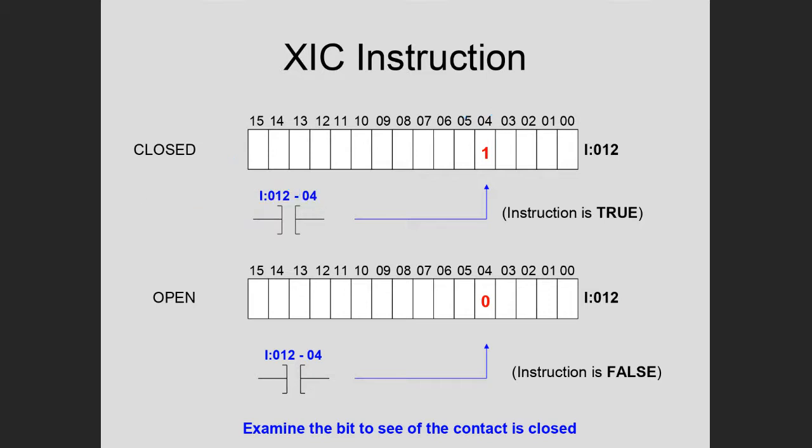What this instruction is doing is, by giving it this address, you told it to examine this bit position, and it's looking for a 1. If there's a 1 there, then this is true. If the switch is open and there's a 0 there, as they're showing you at the bottom, then it's false. So this examine if closed instruction is looking for a 1 in order to be true. If it sees a 0, it's going to be false.